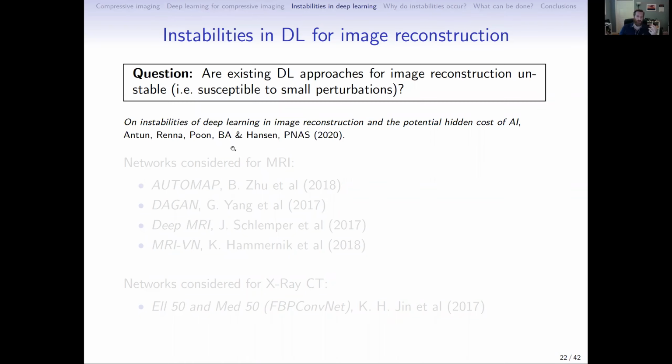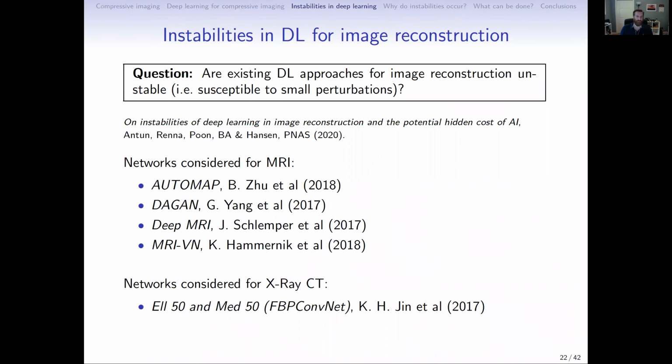We wrote a paper on this, which just appeared in PNAS. In this paper, we demonstrated these perturbations for different network architectures. We took half a dozen networks for image reconstruction that were out there at the time, and for each one, we showed that you can construct these perturbations.